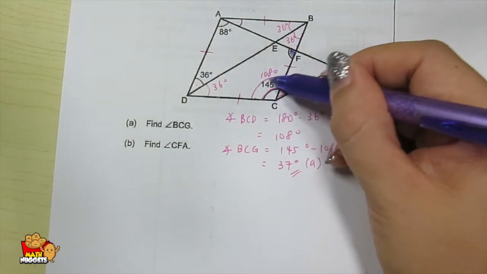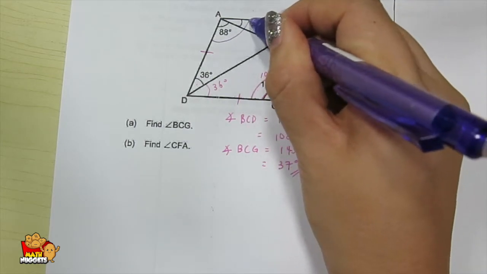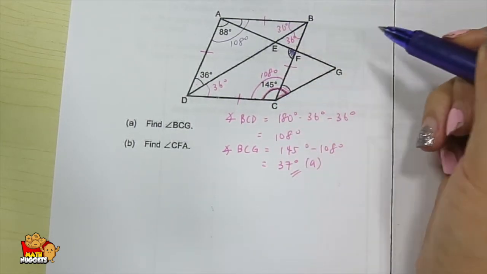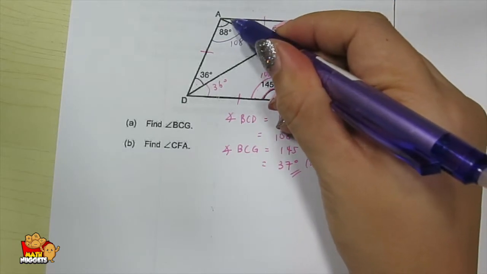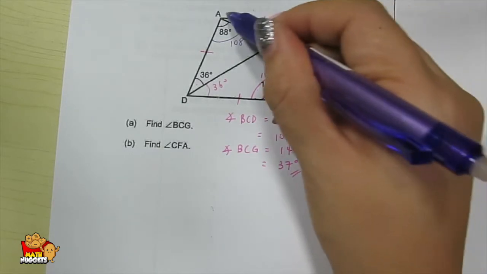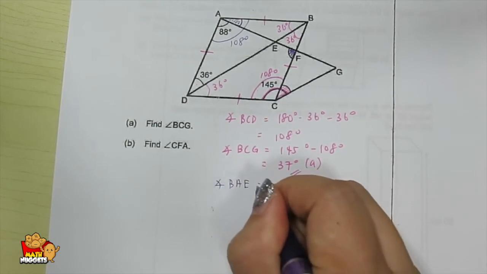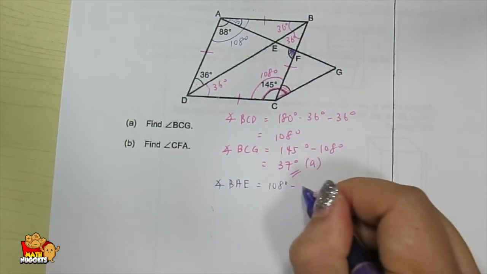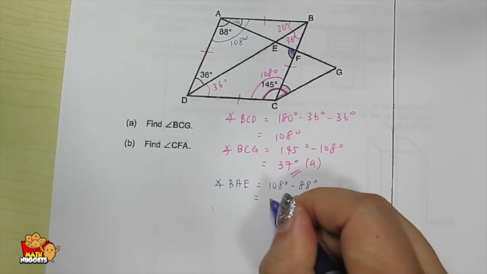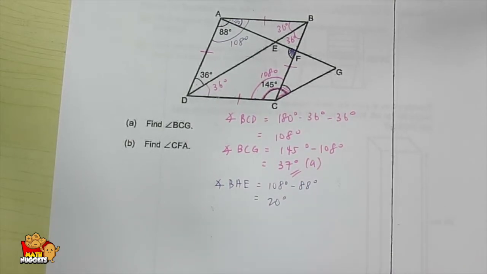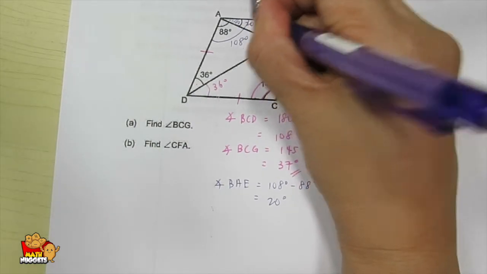If this is 108 in the rhombus, this is 108. Do you see it? So I can find this angle here, angle BAE. So angle BAE will be equal to 108 minus 88, which is 20 degrees. So over here is 20 degrees.